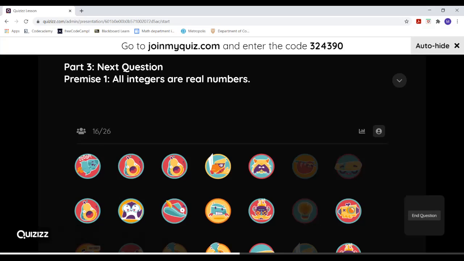And we've had this sort of structure before, like twice. I think this is the third time we're seeing the same sort of phrasing, right? So if what, then what? All integers are real numbers means if, and if you can do that, then you've got your P and your Q set up.